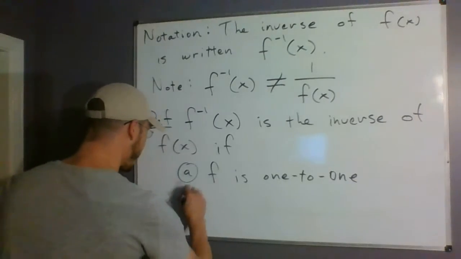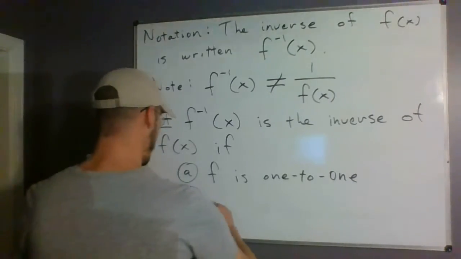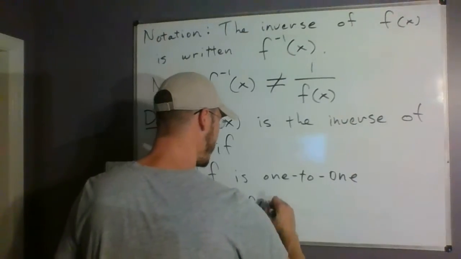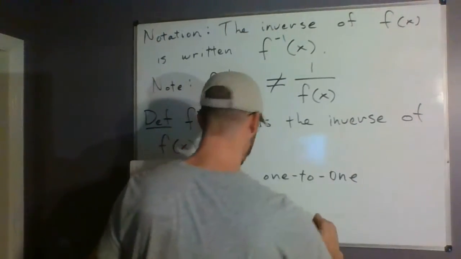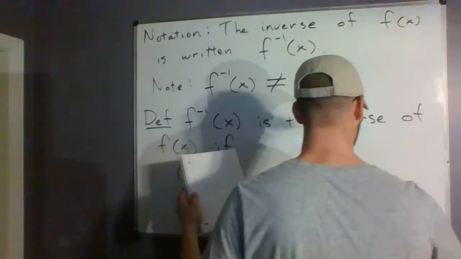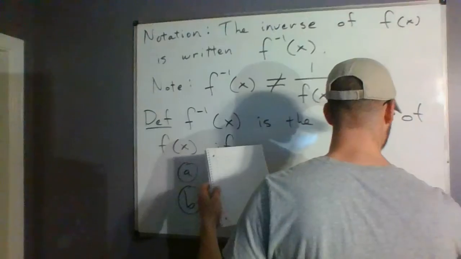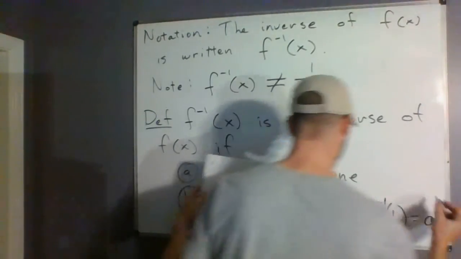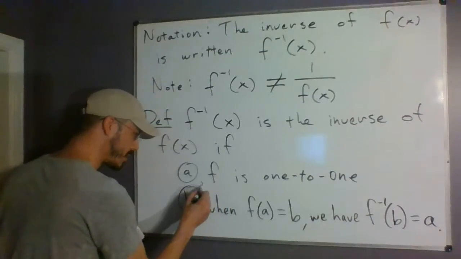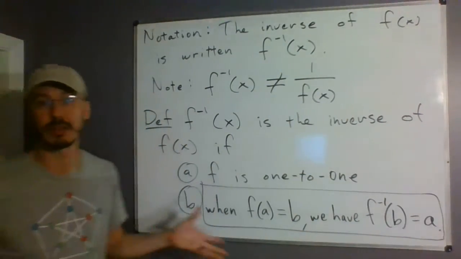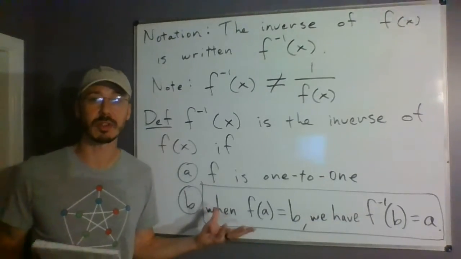The important thing for us is when f of a is equal to b, we have f inverse of b equals a. And that is the reality, or the important thing, about what inverse functions are.